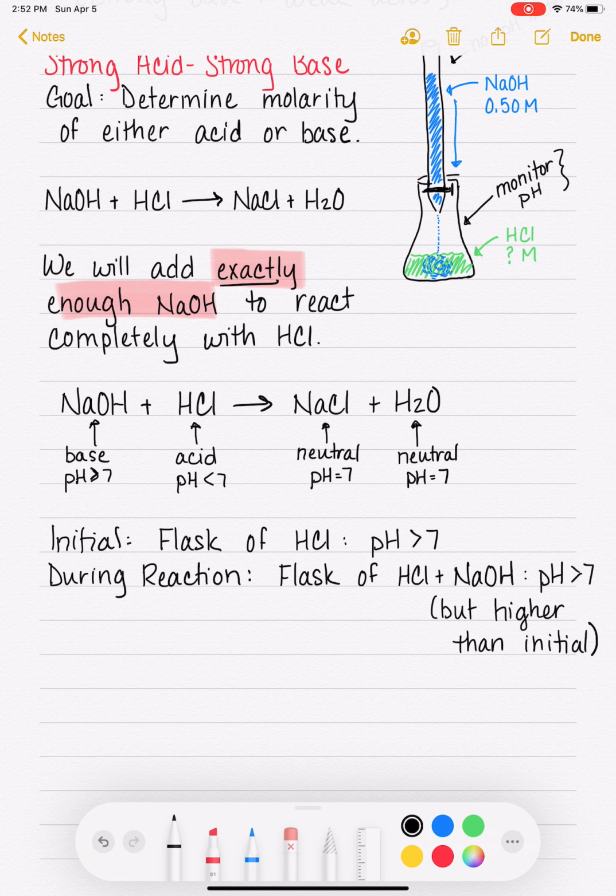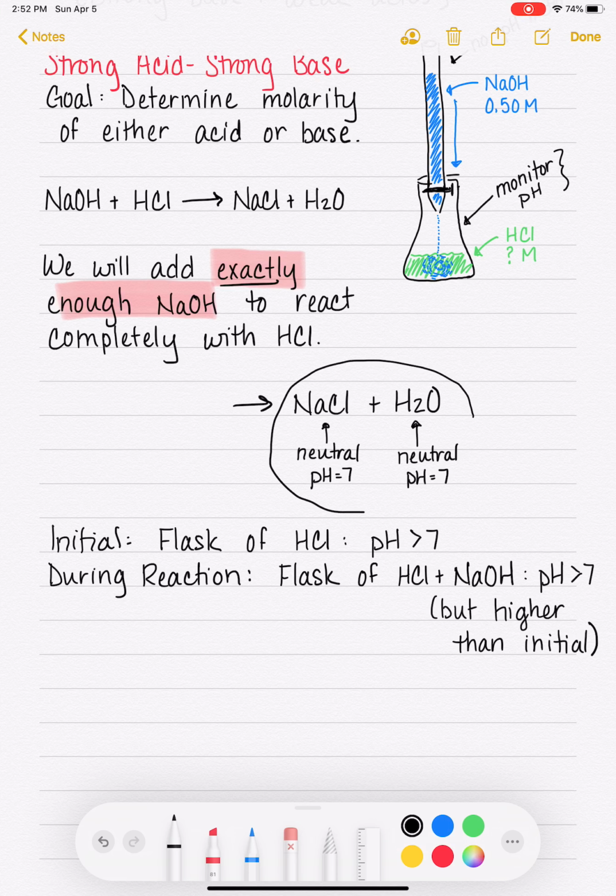When we get to this point where we have added exactly enough NaOH to react completely with all of the HCl, when we have no more NaOH, and therefore we have no base, and we have no more HCl, and therefore we have no acid, all that we have left in our flask at that perfect moment is just these 2 guys right here.